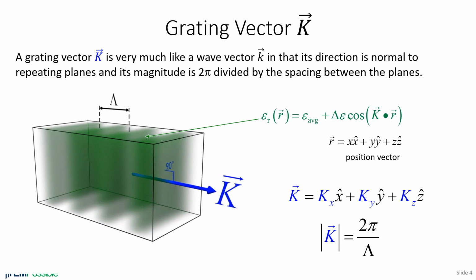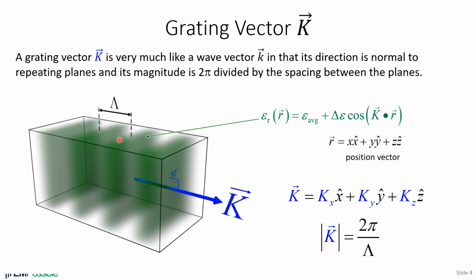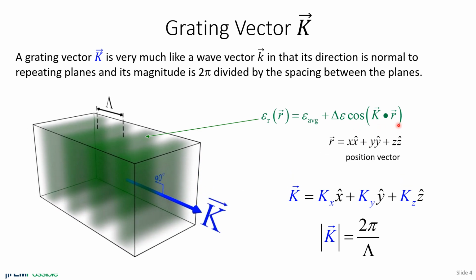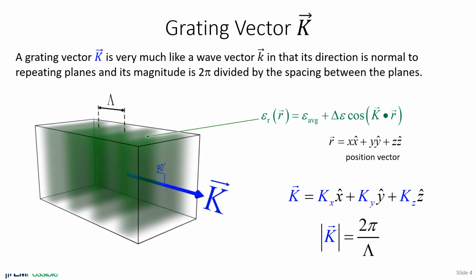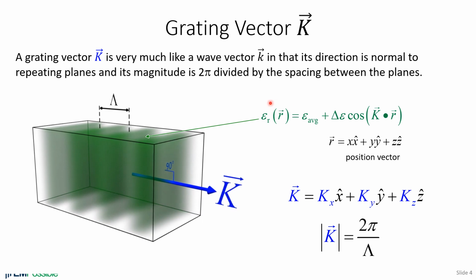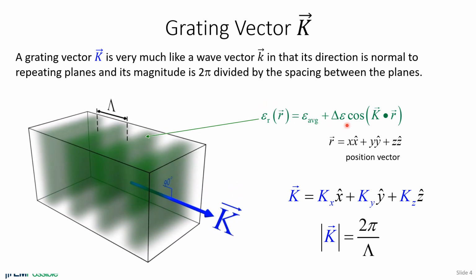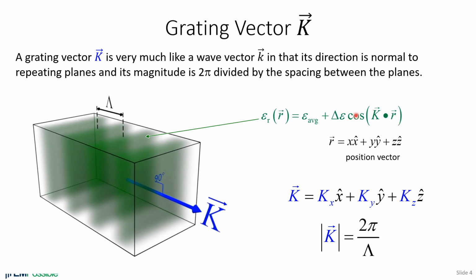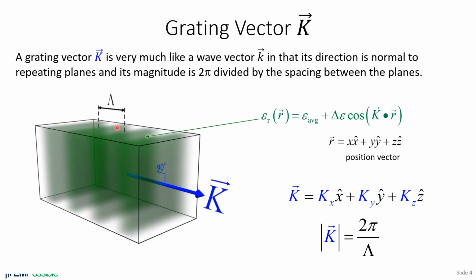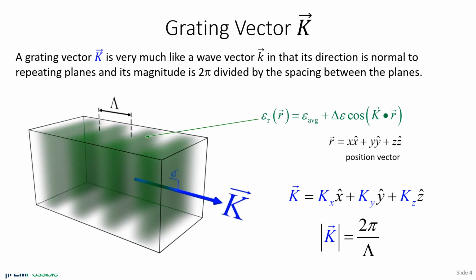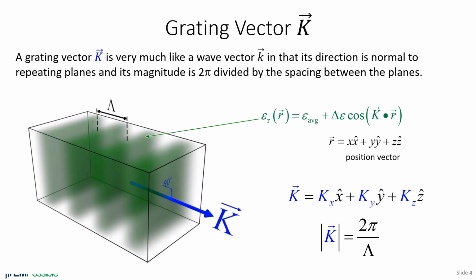Well, that means we can calculate this profile simply with a cosine of k dot r, where r is vector position. And then, of course, to be a real permittivity, it probably has some average value and some contrast. But the important thing is that cosine k dot r is really what gives us this profile here, this repeating dielectric constant. So that's our grating vector.